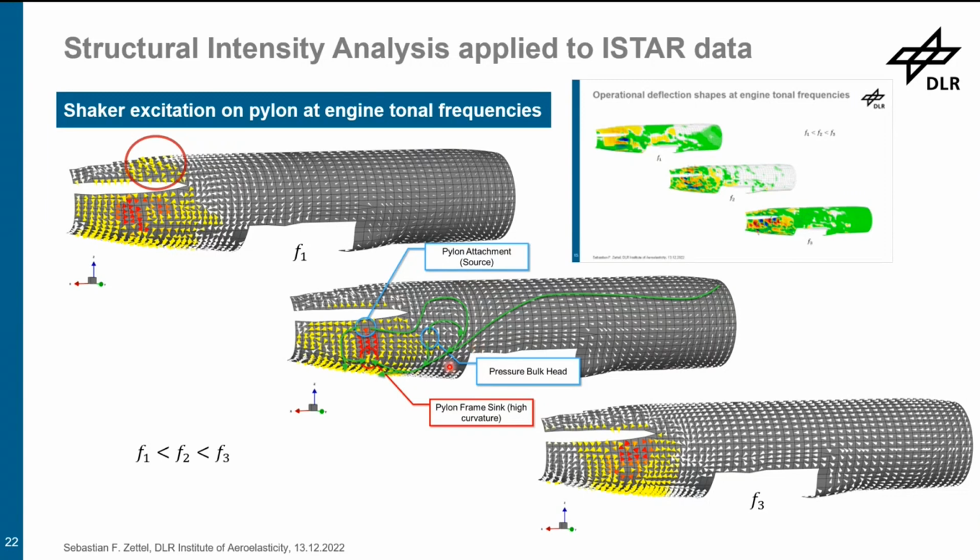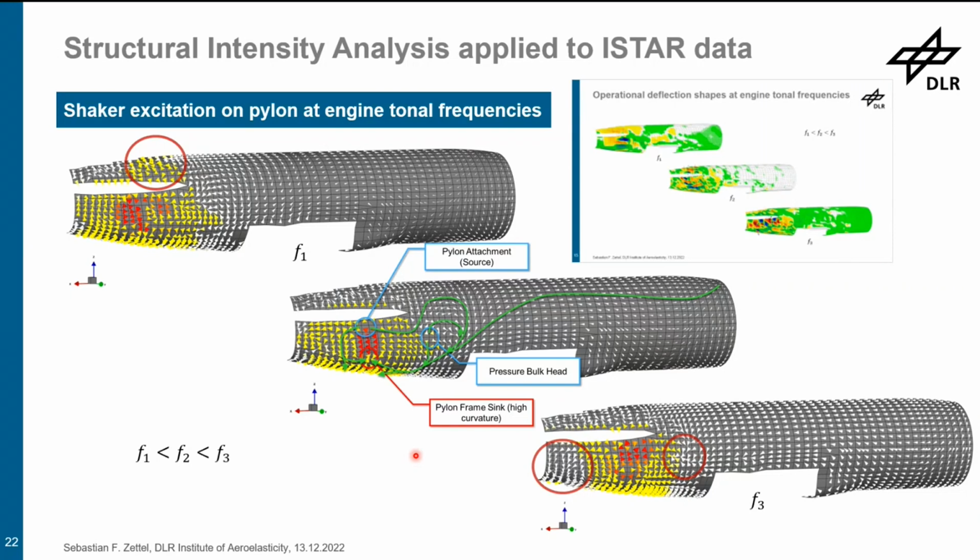And as I already said earlier, the rear pressure bulkhead is located about in this area, and we also see a second kind of source in this area. At the frequency F3, there is power flow missing at the very back of the aircraft, and we also see a kind of second sink in the area of the rear pressure bulkhead here.